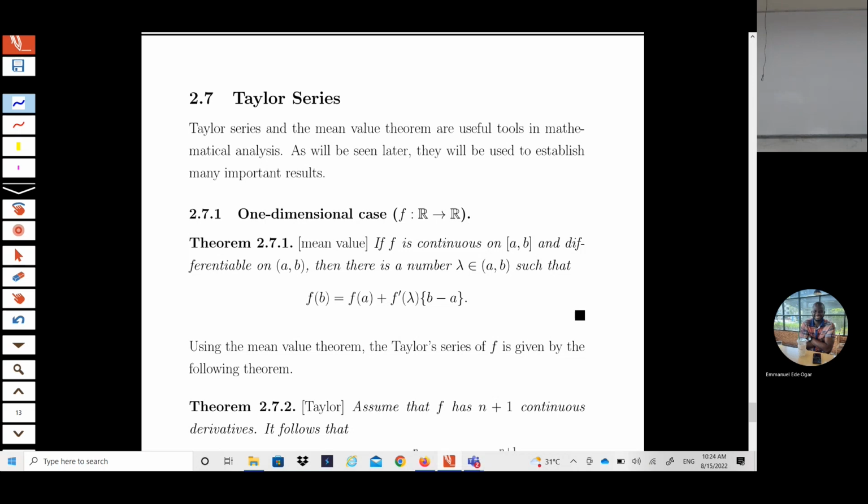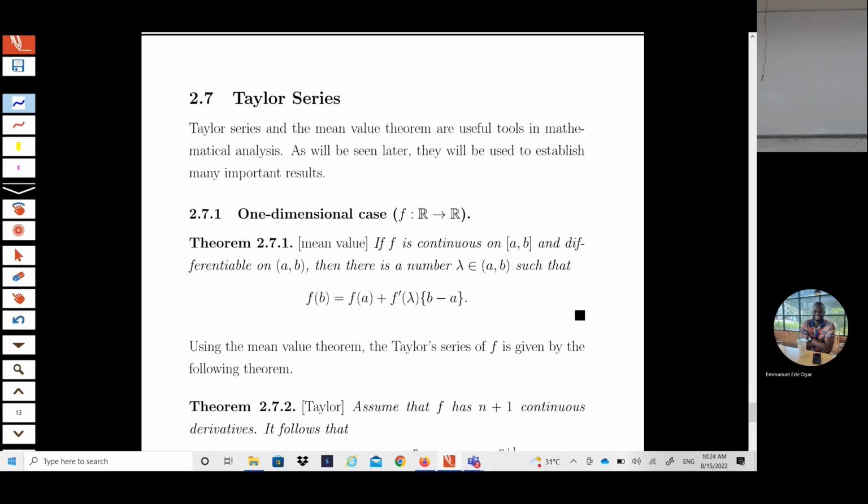Actually, Taylor series are very important. For engineering students, you may not see this now, but Taylor series are very useful.